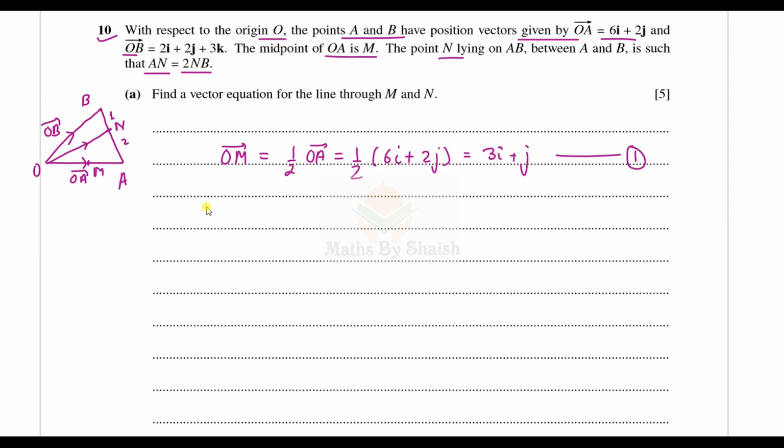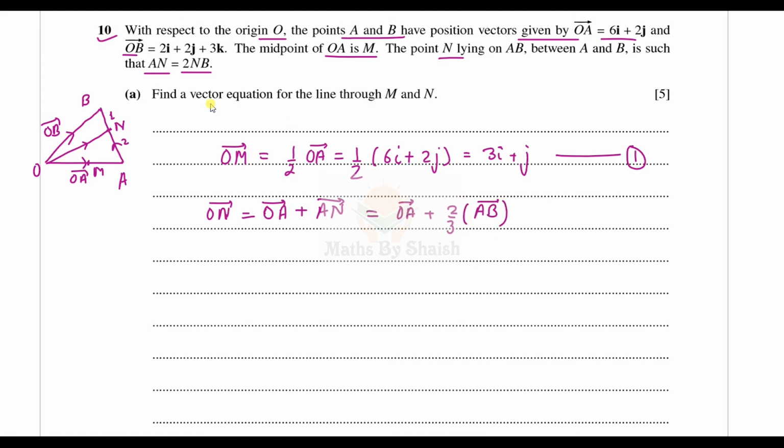So we will directly write ON vector as OA vector plus AN vector, because we need to go till N. ON is OA plus AN vector, and OA vector we already know, so let's write OA vector as it is for the time being, and then AN is 2/3 of AB vector.